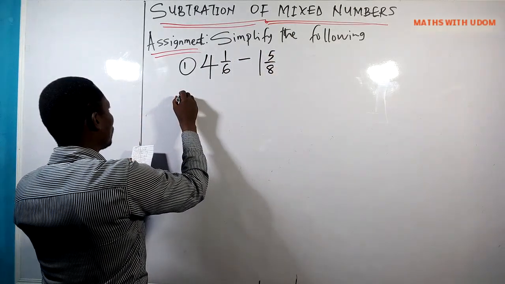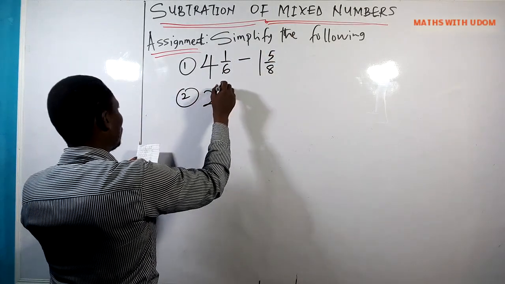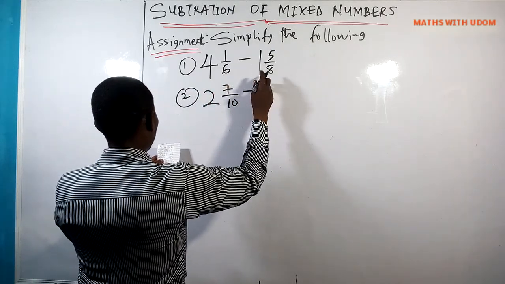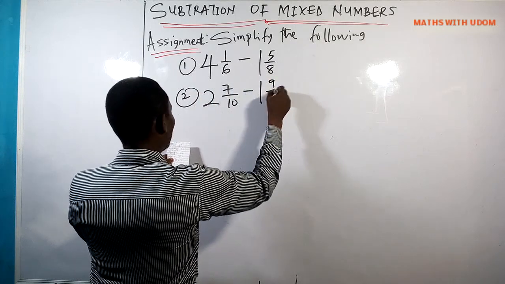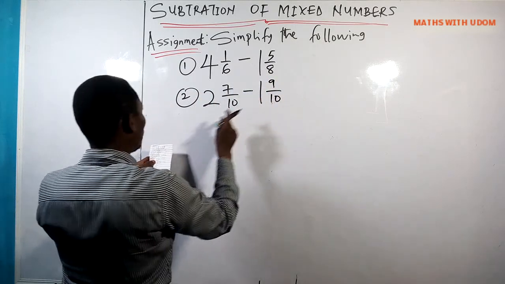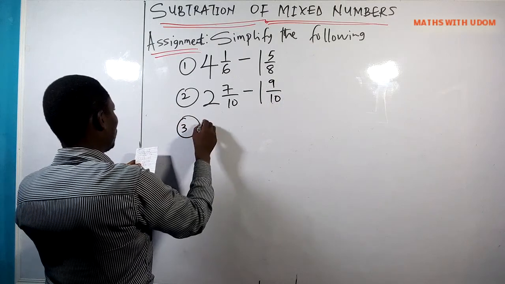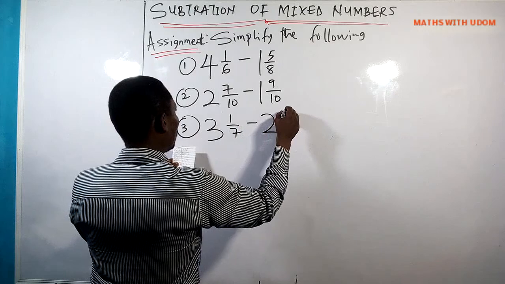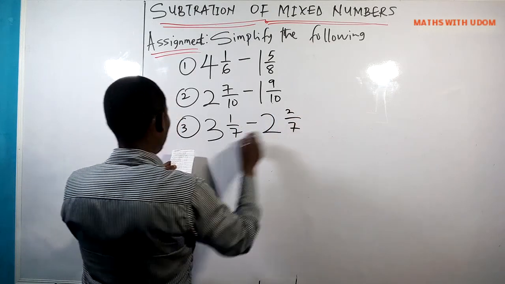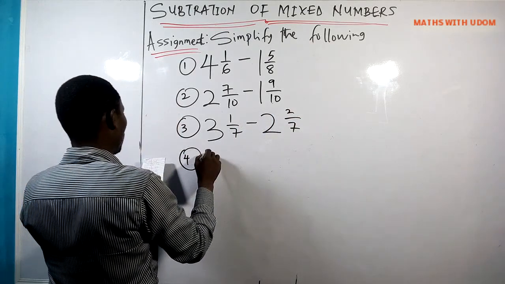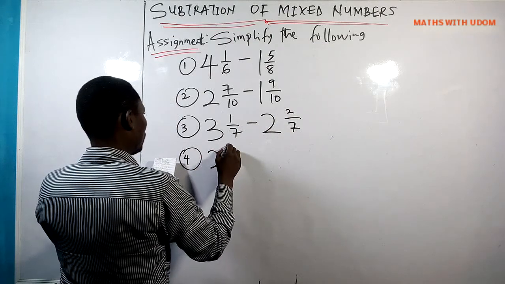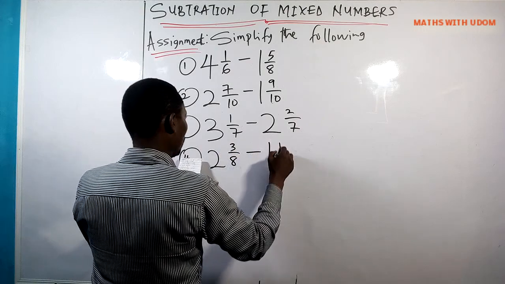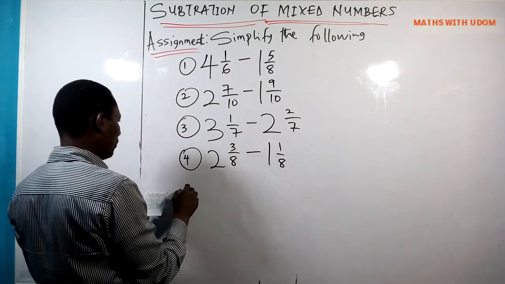Number 2. Number 3. Number 4. And then number 5.